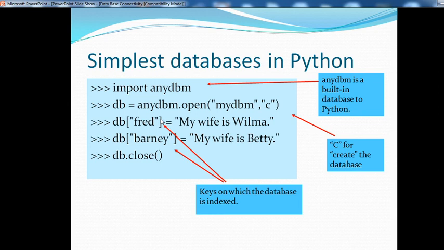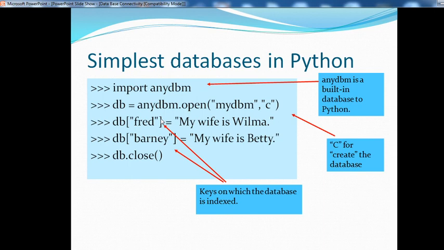Okay, second thing, accessing our simple database. The database you created, you want to access it. For that you put the command db = dbm.open, mydbm, r, that is, now open for reading purposes.